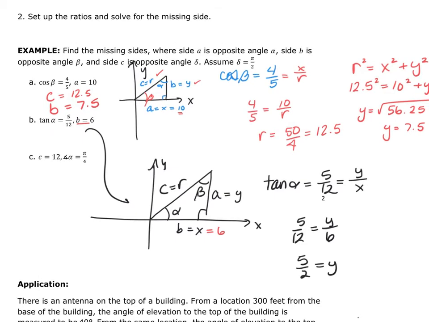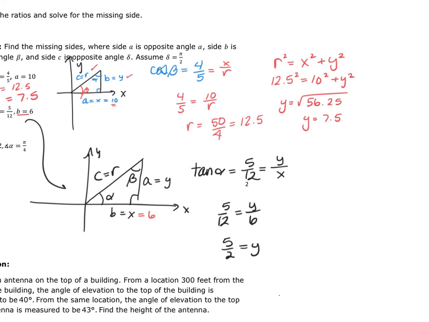So I have my y value. Once again, I know that r squared is equal to x squared plus y squared all day long. I'm chasing r this time, and so I have r squared is equal to my x squared, which is 6 squared, plus my y squared, which is 2.5 squared.